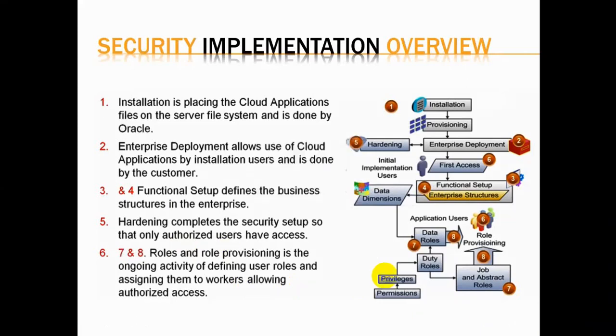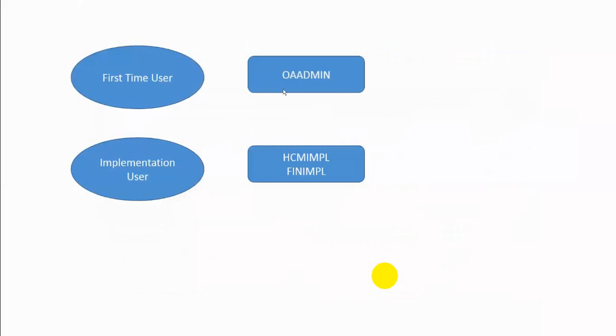So typically once you have the enterprise structures created with the implementation users, the next step is the creation of the functional user. Functional users are nothing but the real users who will do the real implementation of the offerings that we got licensed.